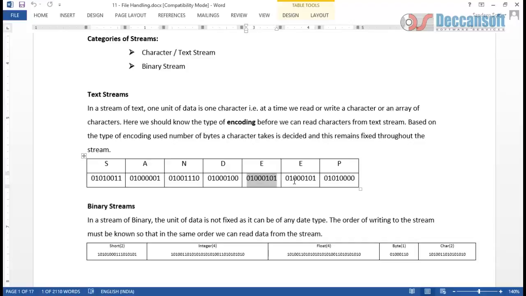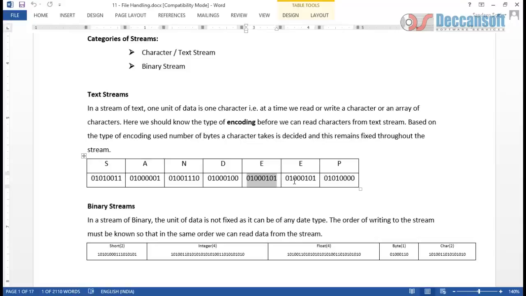So generally when we are working with files, it is very important that we know what type of encoding we are making use of. Though in C, at least the built-in facility is only for the ASCII character set. That means it only supports 1 byte per character. So we don't have to worry about multiple bytes per character here.